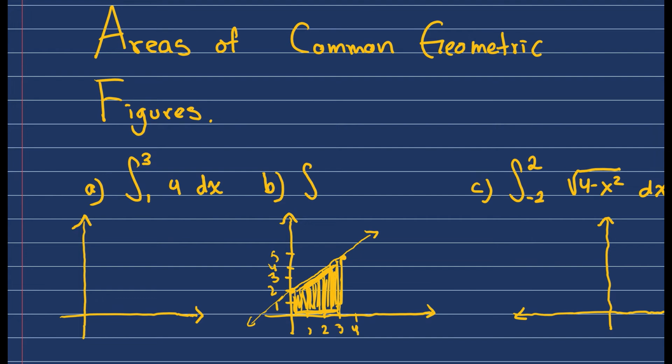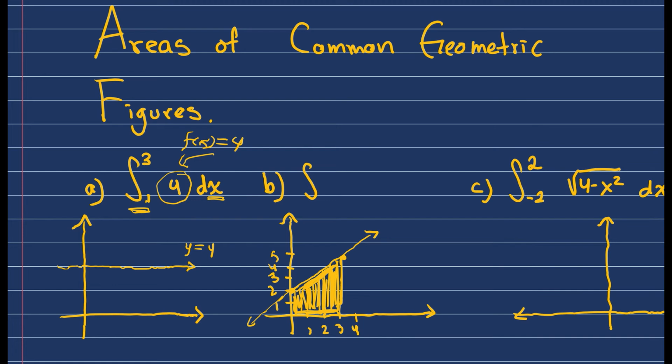What is this saying? This is saying take the integral from 1 to 3 of this function with respect to x. When we were to graph this, what does this function mean? If you were to graph f of x is equal to 4, well, that is nothing but just a constant function, y equals 4.